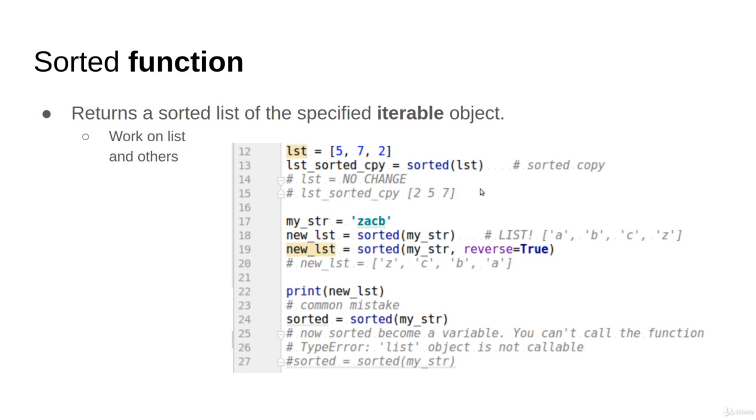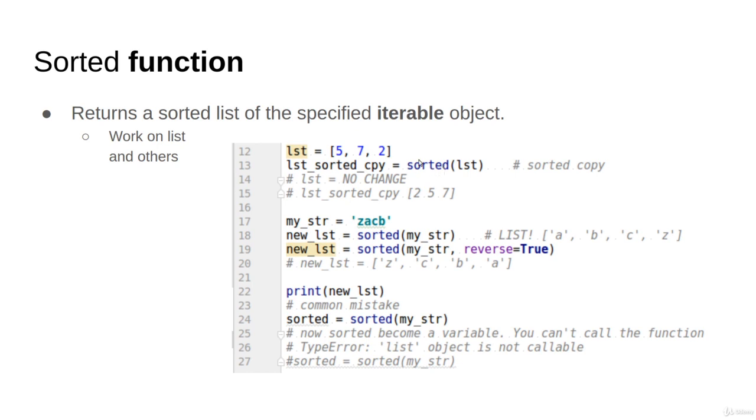The moral of that is two things. First, do you really want to change your list itself or get a new copy of it? You have to decide which one you are going to use. If you would like to just change the current content, you call list.sort. If you would like to get a new thing, you call the sorted function.